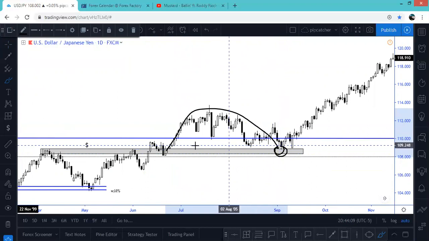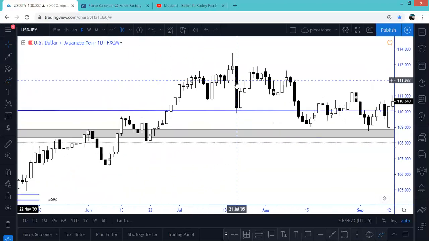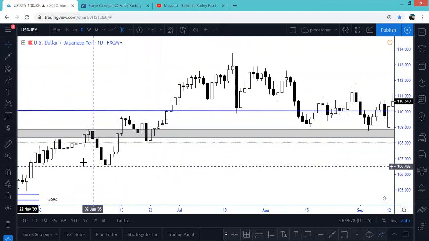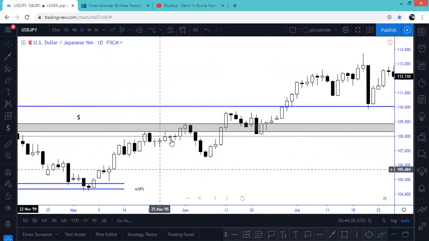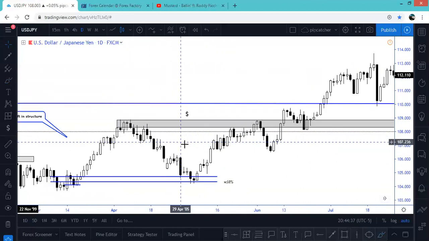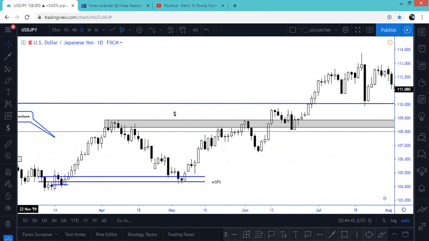Which is also crazy because it goes almost to 50% of this institutional sponsored candle, right? You can tell when an institution gets behind their move because the candles are going to be somewhat bigger. Look at these candles right here. You know what that's from? Look.